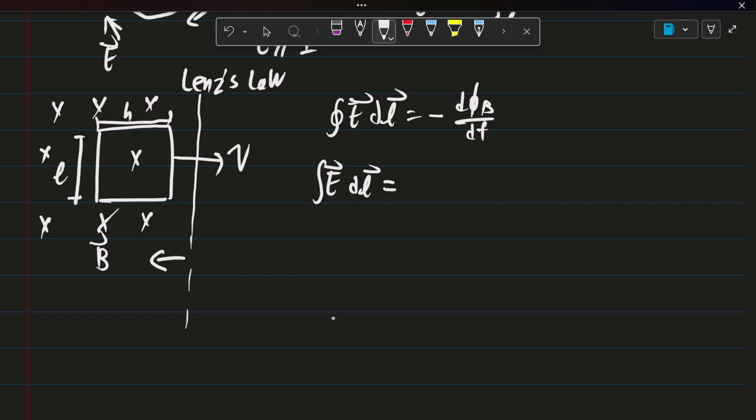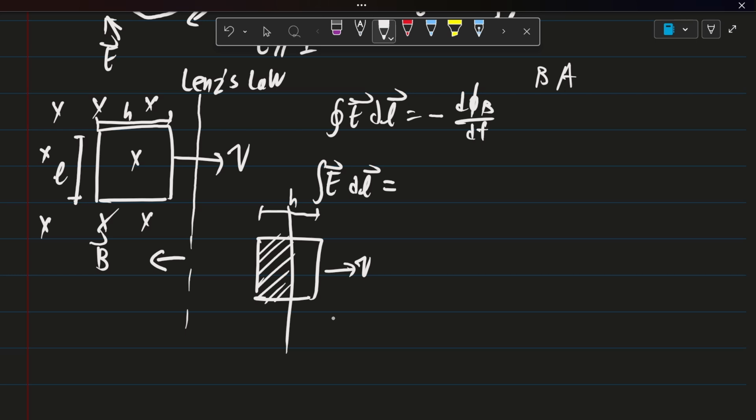Now this is where it gets a little interesting mathematically. Phi B is defined as BA, right? It's the sum of the magnetic field over the area. If you have this wire crossing a boundary, and this is H and we are pulling it by V, this area is L times something, L times an H prime, let's say.